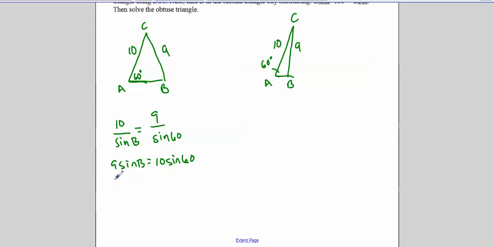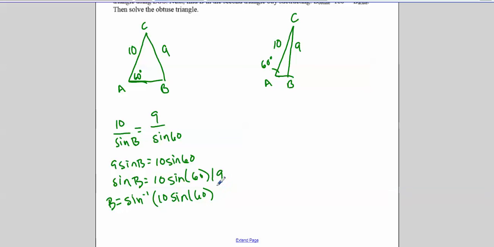And divide by 9. And then do an inverse sine. Okay, so you're going to type that all in the calculator, and you're going to get that B is about 74.2 degrees.